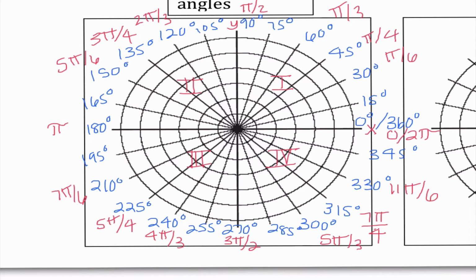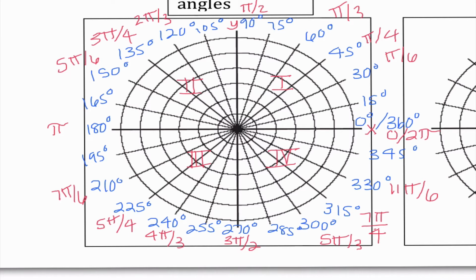And you guys may notice a pattern here that everything that has a denominator of 6 is closer to the x-axis. Things that have a denominator of 3 are closer to the y-axis. And later in this chapter, we will learn more similarities between everything that has a denominator of 6, everything that has a denominator of 4, and so forth.